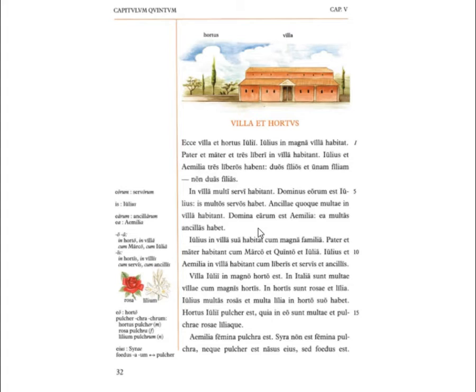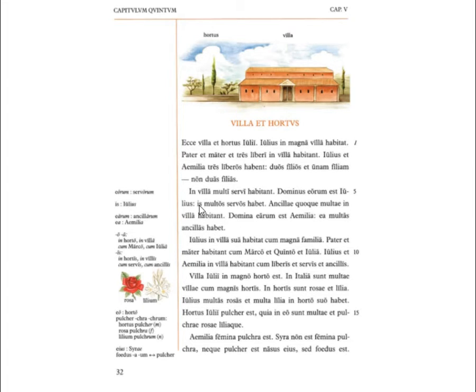So similar to how servorum would be translated as of the servants, not servants or to the servant or doing the action on the servant. It says of the servants. This is eorum, meaning their. Their master is Julius, is how it would be translated.